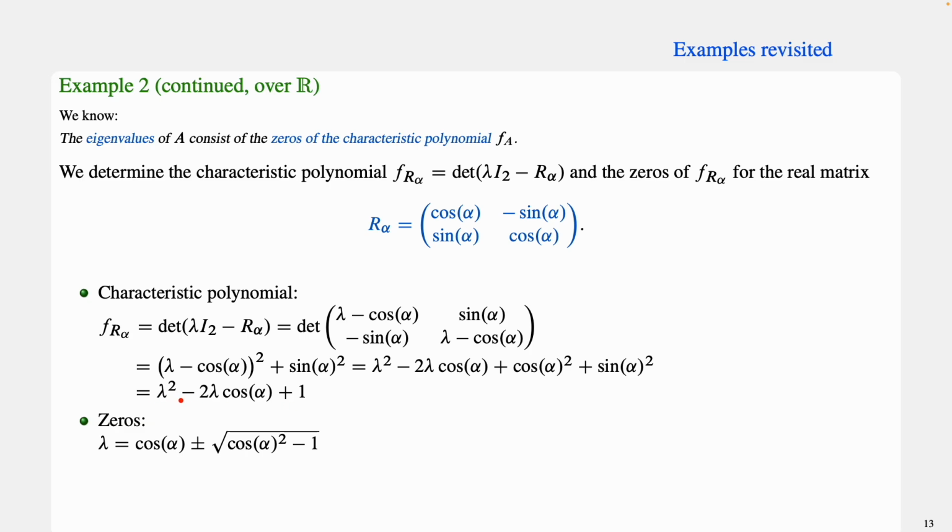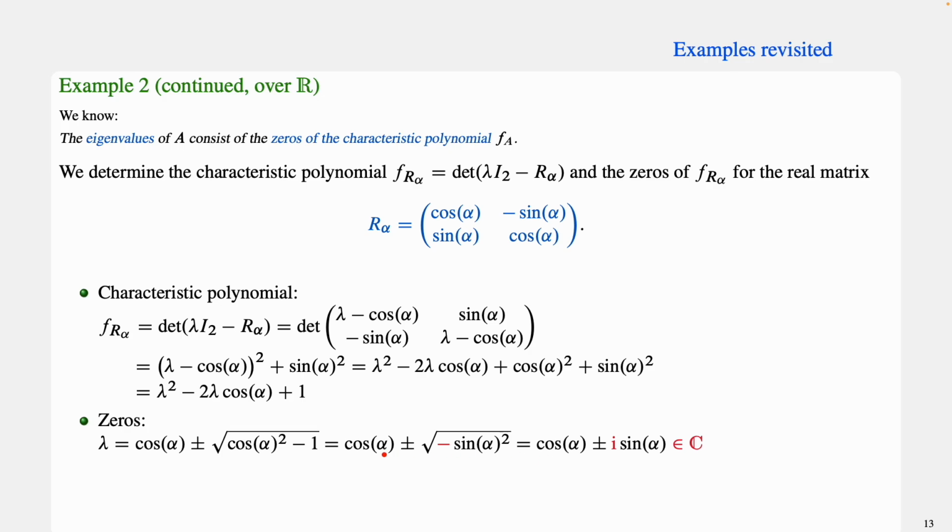And the zeros of this quadratic polynomial are, using some formula you learned in school, cosine alpha plus minus the square root of cosine alpha squared minus 1. So this is just the same as cosine alpha plus minus the square root of minus sine alpha squared. Now sine alpha squared is always a non-negative expression. So with the minus sign, what we have under the square root here is always a non-positive expression.